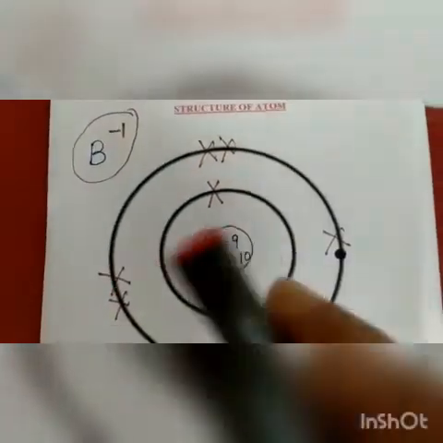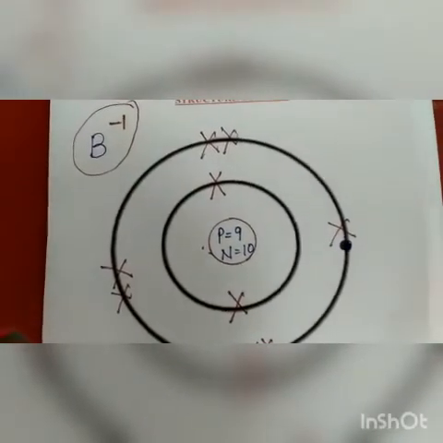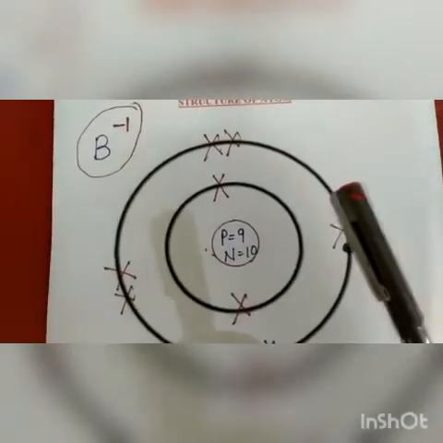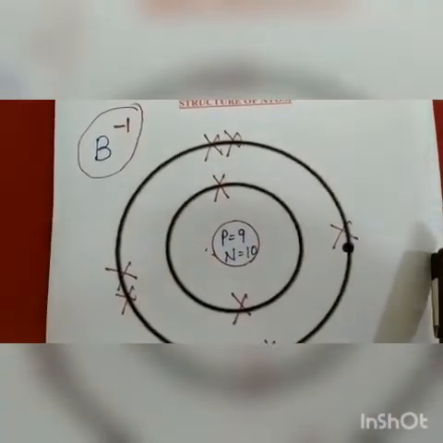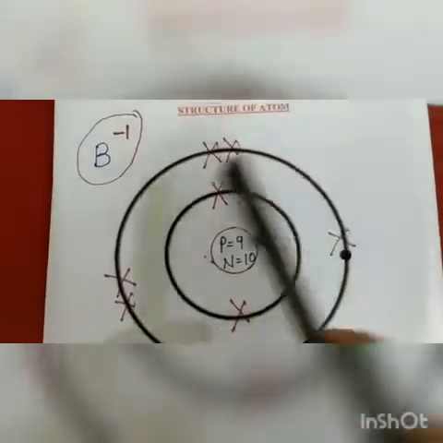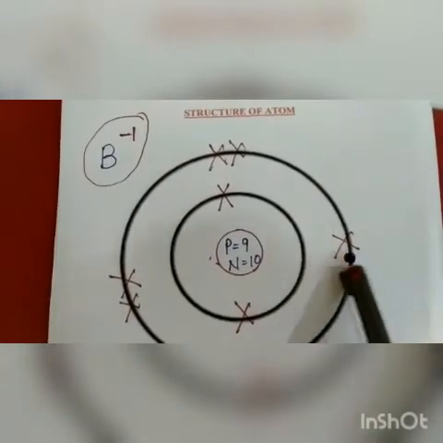And this is the valency. What is valency, students? Valency is the number of electrons which is gained, lost, or shared by an atom. Now in this case, this atom has gained one electron.